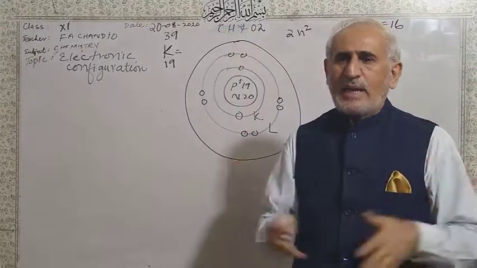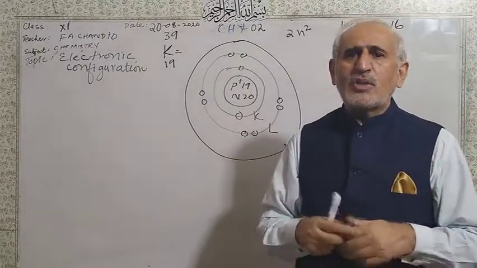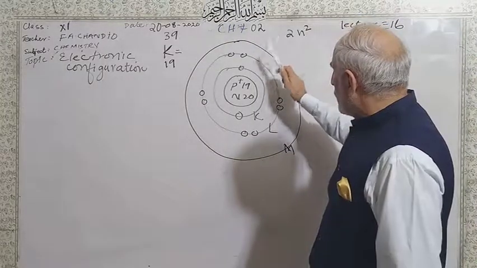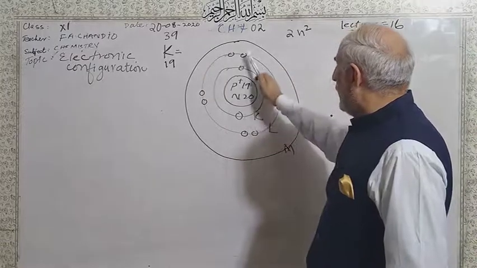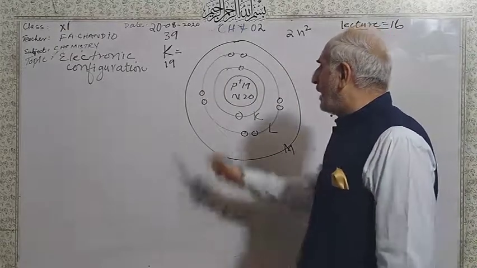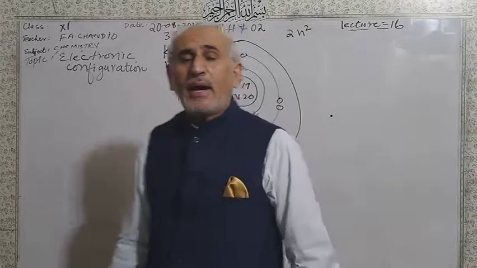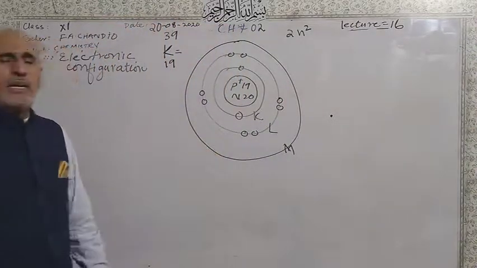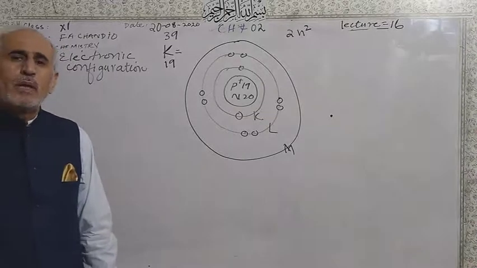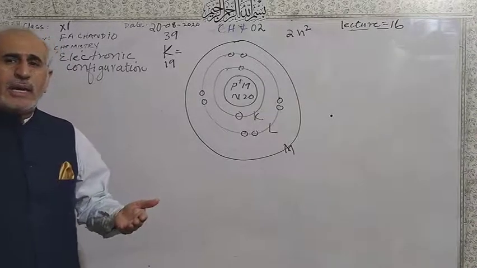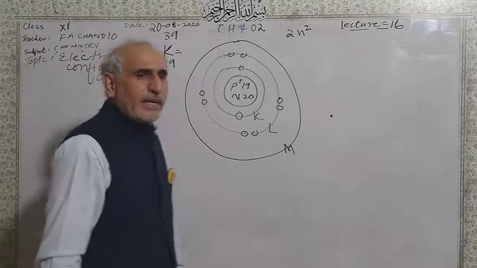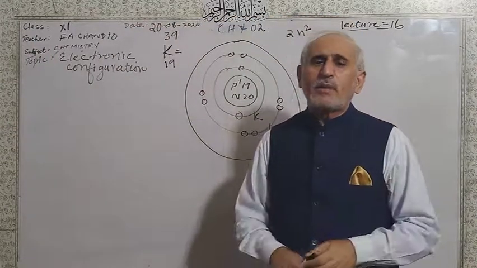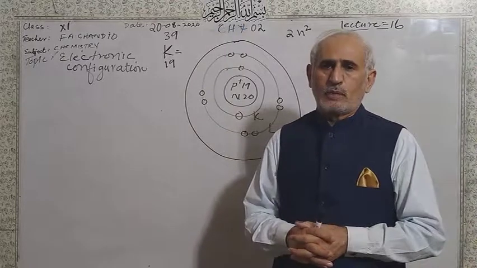The M shell has the ability to accommodate 18 electrons, and if you see, 2 are in the K shell and 8 are in the L shell, 10 in total, so 9 remain. So those 9 must enter the M shell, because it has the ability to accommodate a total of 18. But no.